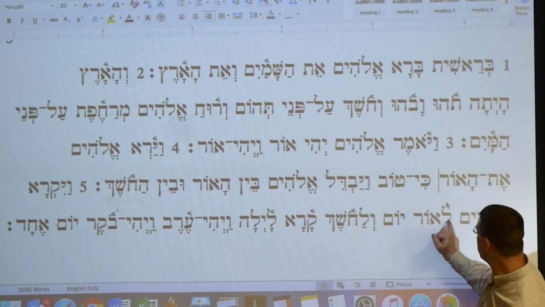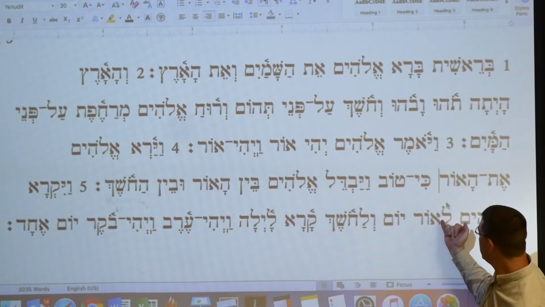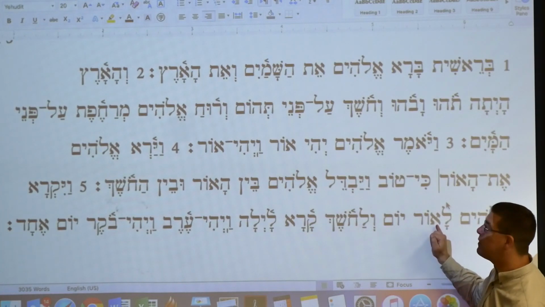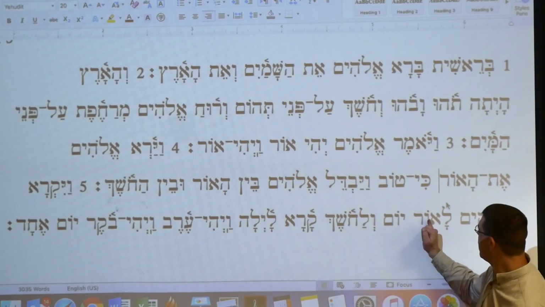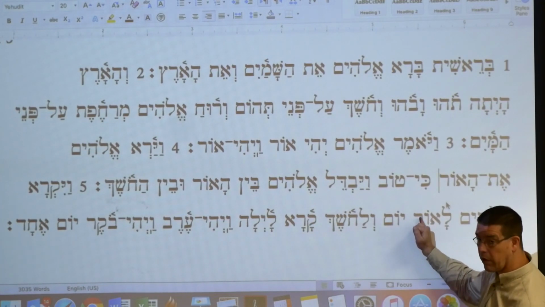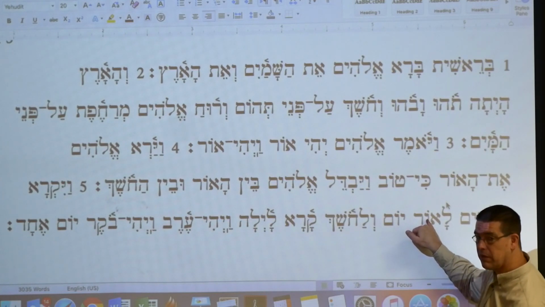So over here, in the first one, we had la, and then placeholder. Well, no, not placeholder, because I have lamed, aleph. If it was just a placeholder, then I would have to treat the vav as a consonant, and I would say la, placeholder, vor, because I have to start my syllable with a consonant.